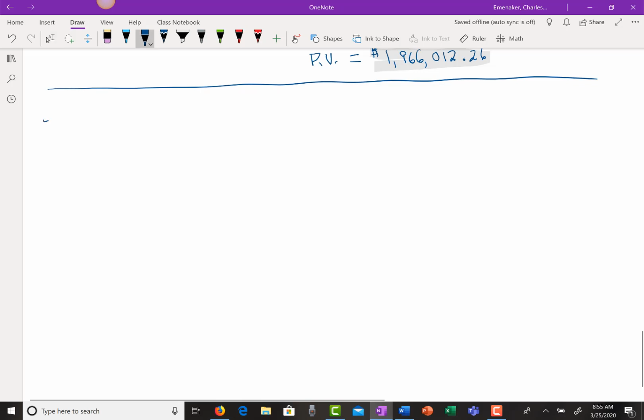Let's look at example 5. This is located on page 487. Okay. In this situation, we're going to look at a scenario that we talked about earlier.